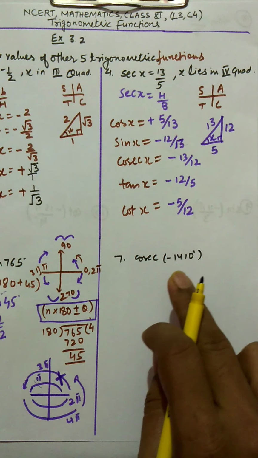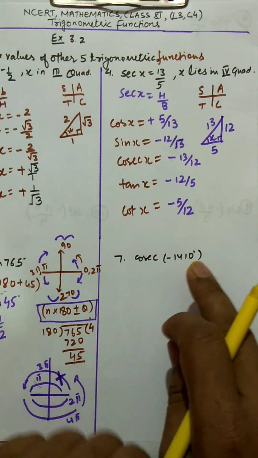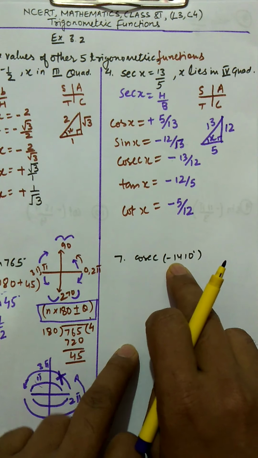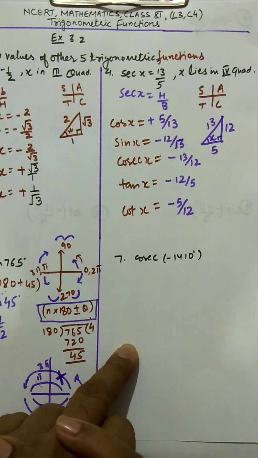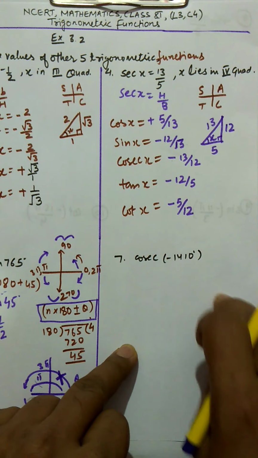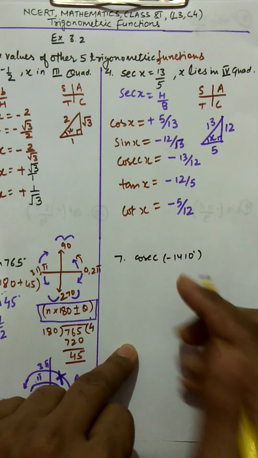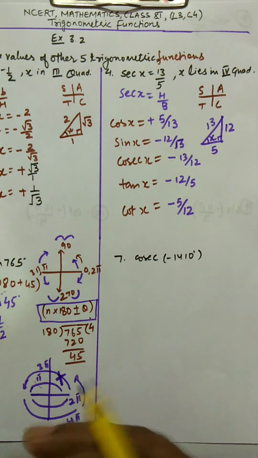Next we have to find the value of cosec minus 1410 degree. Now this angle this time is given in the clockwise direction because of the negative sign. So we have to actually check in which quadrant this complete angle is landing. But whenever you get negative angles, we have some alternative ways.